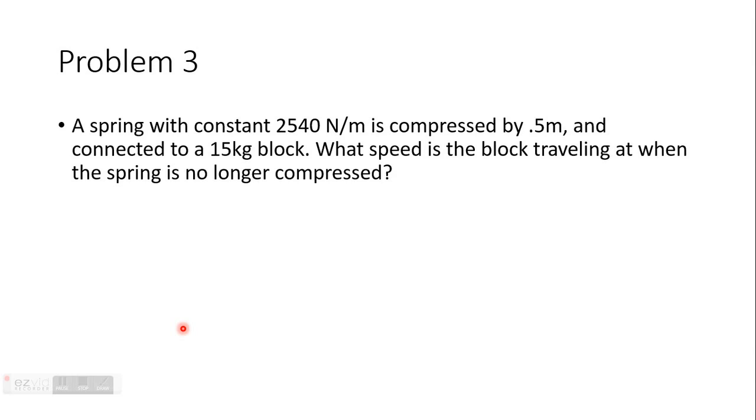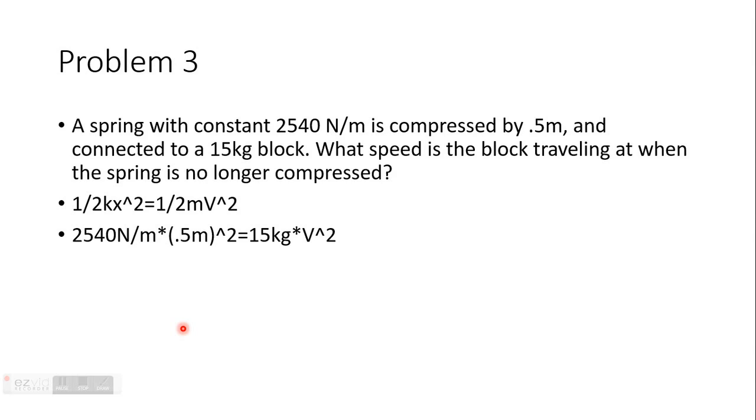So we set the initial spring potential to the final kinetic and say that 1/2 k delta x squared is equal to 1/2 mv squared. So 2,540 newtons per meter times 0.5 meters squared is equal to 15 kilograms times the velocity squared. And solving for velocity, we would get that the velocity is about 6.5 meters per second.